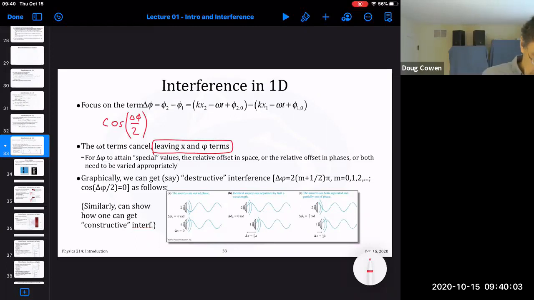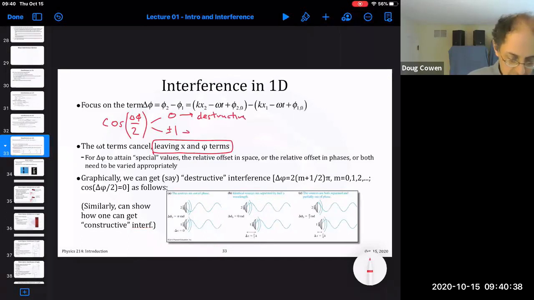One special value is 0. If you have delta phi set to the right value, you get the cosine of delta phi over 2 to be 0. Another special value is plus or minus 1. These are special because 0 is minimal, and plus or minus 1 gives you, in this case, maximum amplitude. In fact, when cosine of delta phi over 2 is 0, we will get what's called destructive interference.